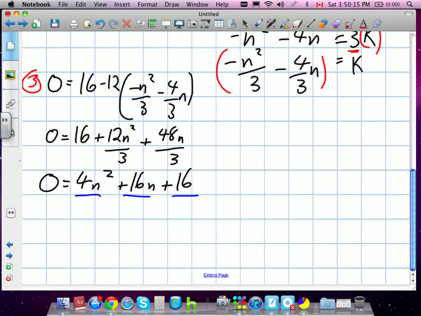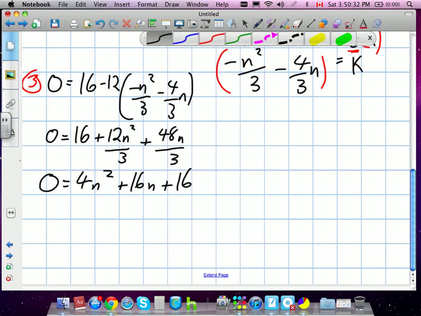I've set up a quadratic formula, and we know how to solve quadratic formulas. So the goal was to get to here, to have one variable set equal to 0. Because it's set equal to 0, I can put this in the quadratic formula, or I can factor to give me answers for n.